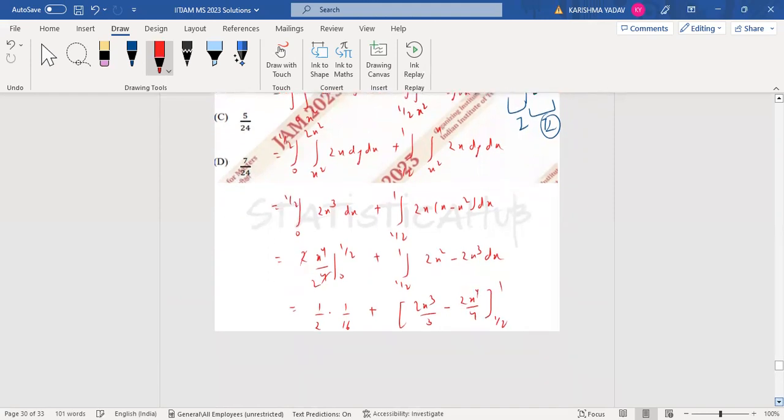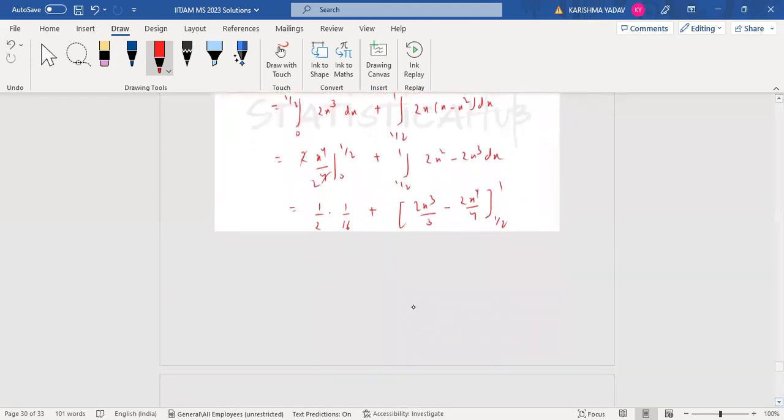This will be equal to 1 by 32 plus, putting the limits, upper limit minus lower limit, 2 by 3 minus 1 by 2, minus 2 by 3 into 1 by 8 plus 2 by 4, that will be 1 by 2, into 1 by 16, right?